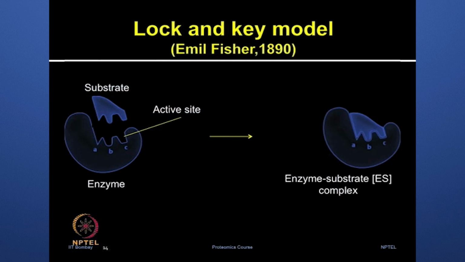To understand enzyme substrate binding, different models have been proposed. The two popular models: one is the lock and key model, which was proposed by scientist Emil Fischer in 1890. This model explains that complementary interaction can determine the specificity. So, if you have an enzyme and a substrate is present, the active site of the unbound enzyme should be complementary in shape to the substrate, something similar to a key being very specific for a given lock, then only it will open.